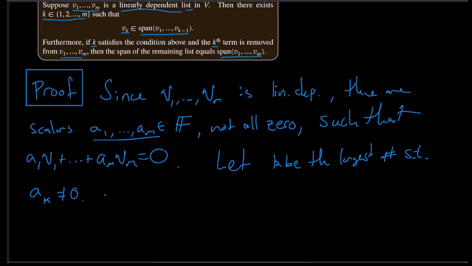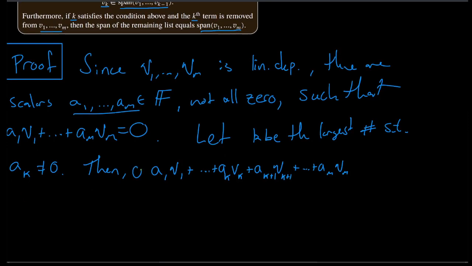Okay, cool. Then notice, if this is the largest one that is non-zero, then a1 v1 plus dot dot dot all the way up to ak vk plus a(k+1) v(k+1) plus dot dot dot plus am vm, this whole thing right here, which notice we said is equal to 0, is then just equal to a1 v1 plus dot dot dot ak vk.